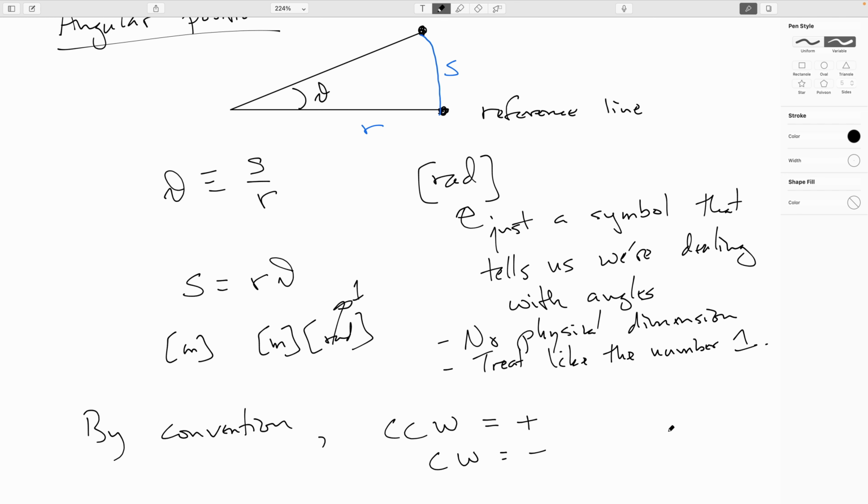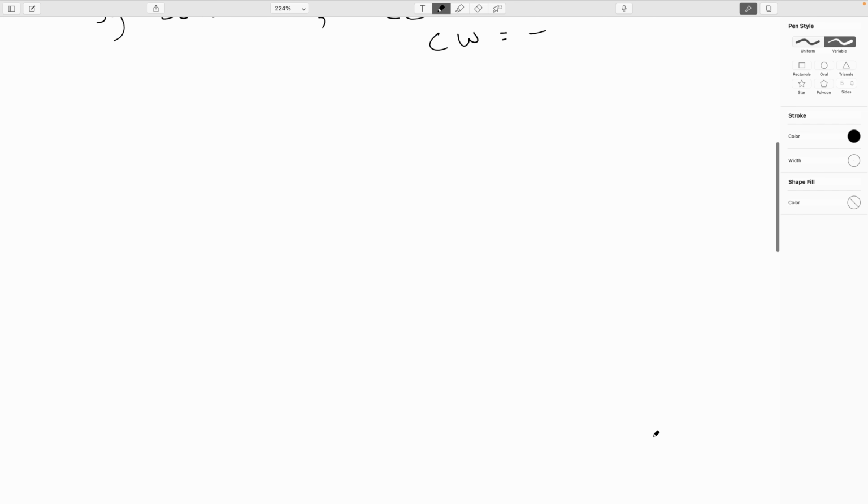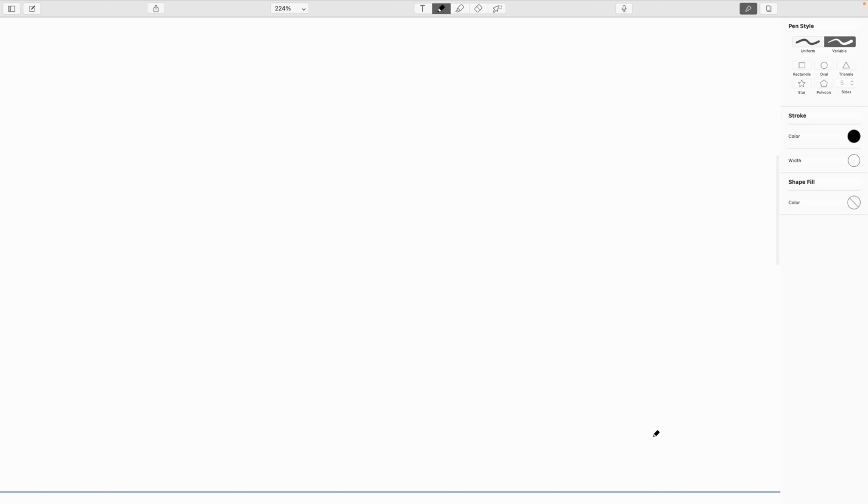The other thing we're going to need to do with angular position on the way to talking about how fast things rotate is that we are also going to need our angular position to keep a turn counter. What do I mean by that? So angular position keeps a turn counter.